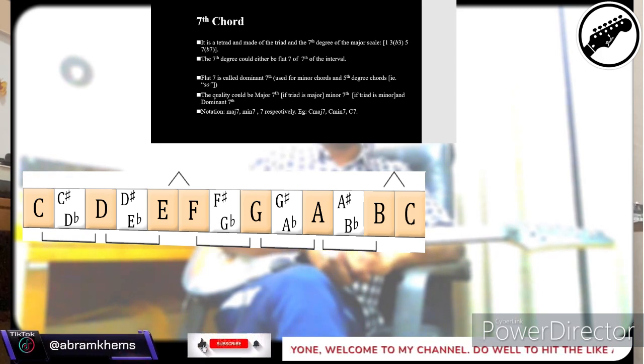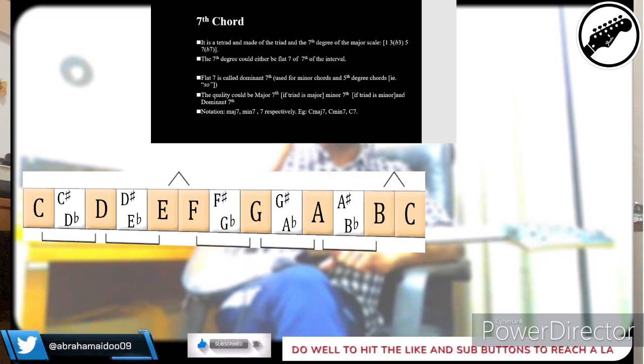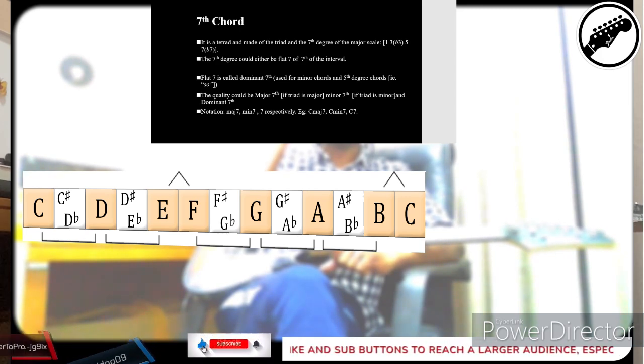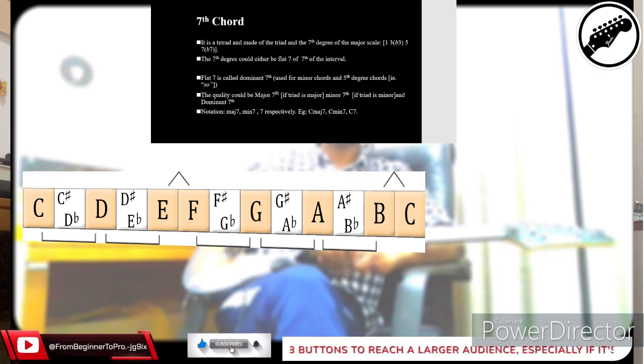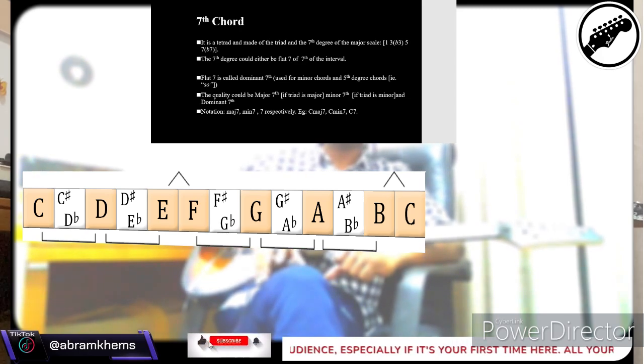So the qualities could be a major 7th, a minor 7th, and then it could be a dominant 7th. Okay, so you can have a major 7th chord, a minor 7th chord, and then we can have a dominant 7th chord. All right, so we can have the notations as follows.